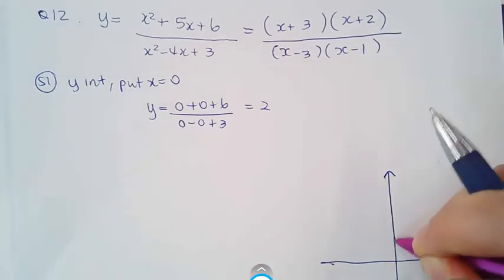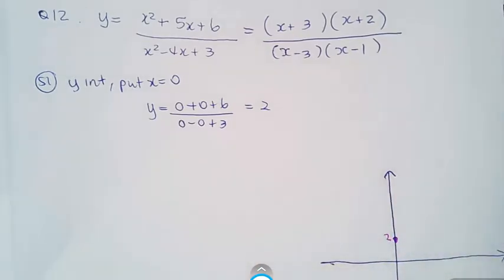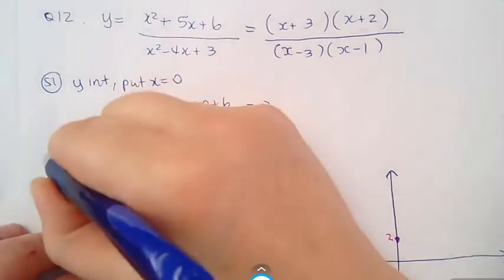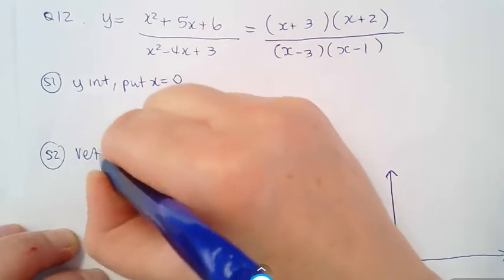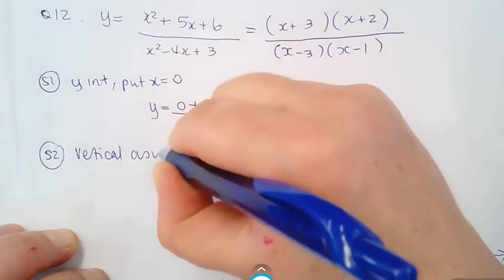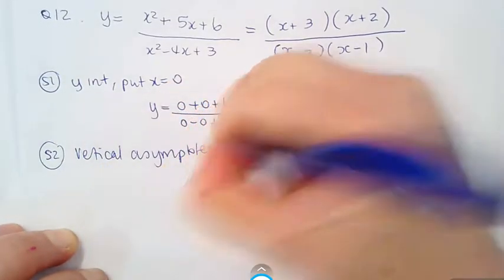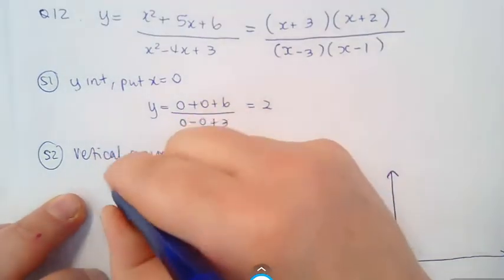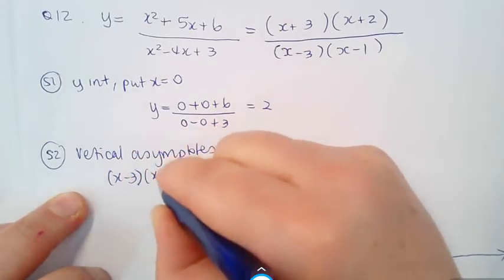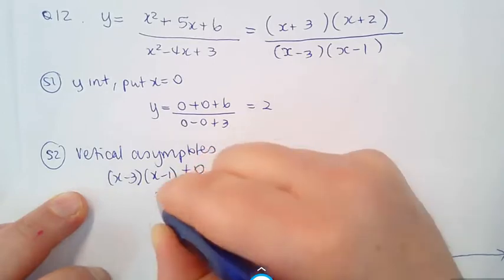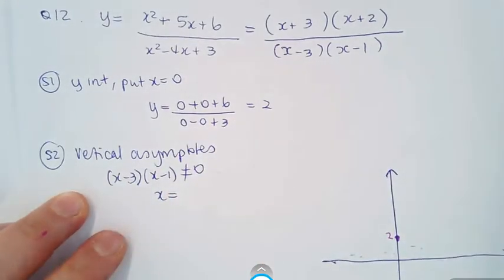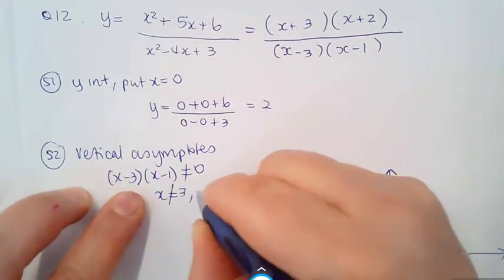Next step is, so always, same steps every time. Don't worry about x-intercept. We don't always have them. Vertical asymptotes by looking at the denominator. Look at the factorized form of the denominator. X minus 3, x minus 1 can't equal 0. So what can x not equal? 3 or 1.